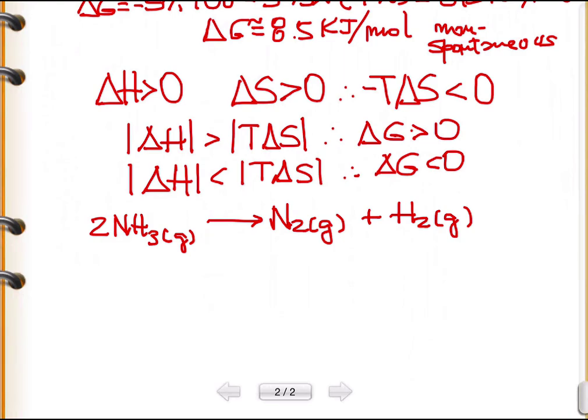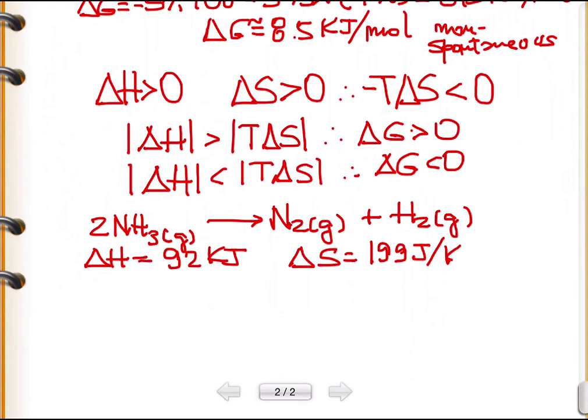The delta H for this reaction is 92 kilojoules per mole of nitrogen, okay? Not per mole of ammonia. And the delta S equals approximately 200, but 199 joules per Kelvin per mole of the product, okay?